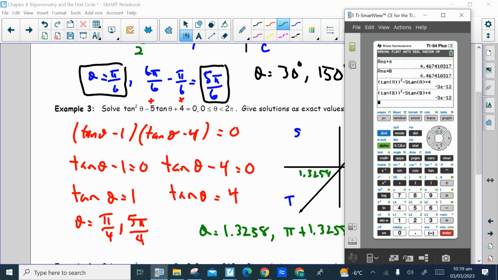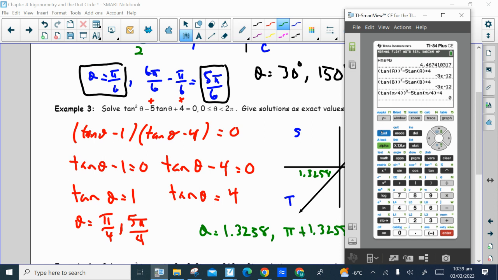Now we can check our other two answers, pi on 4. Do that first. That one actually gives us an answer of 0, which is correct.